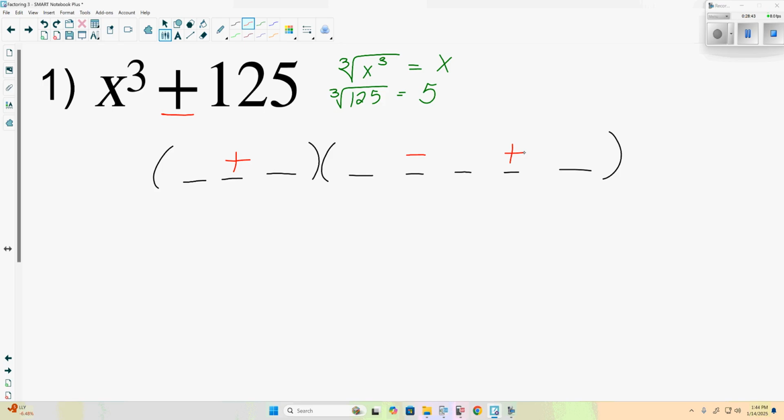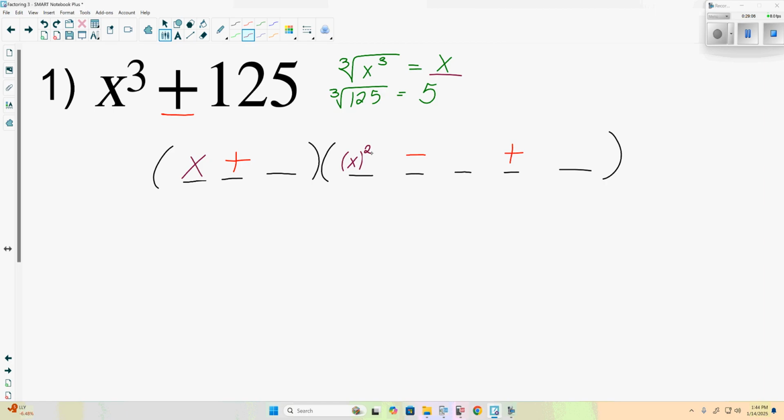Now let's focus on our first term. Our first term in this case is x. That's our a. So in the first spot in the smaller set of parentheses is just going to be a, so x. In the bigger one, in the first spot, we're going to have our a squared, which is our x squared.